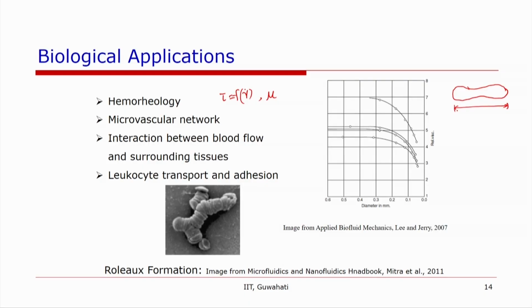Now, the size of the capillaries and smaller arteries, which are called arterioles, and smaller veins, which are called venules, can be as small as a few microns, about 8 to 10 microns. A red blood cell, which is a disc shaped cell, is about 8 micron in diameter and 2 micron in thickness.